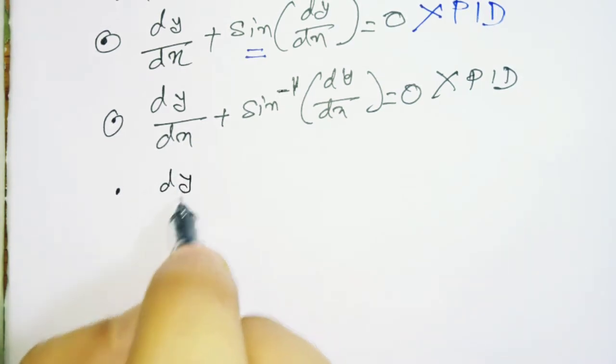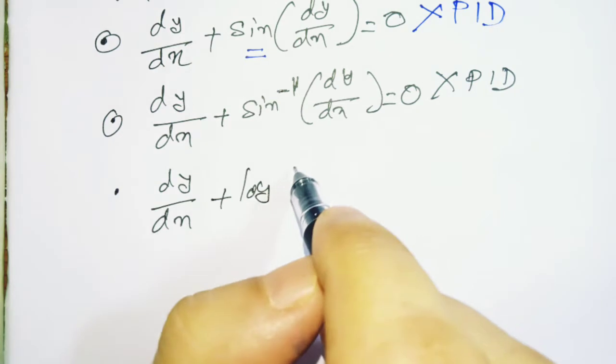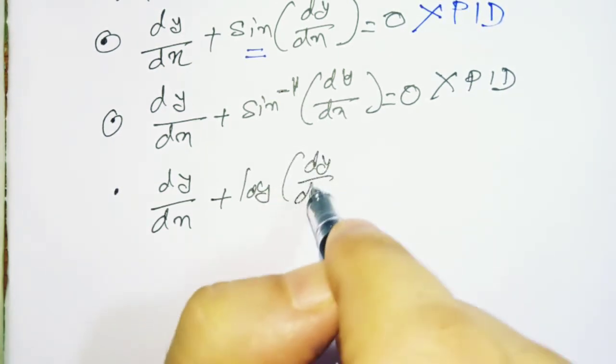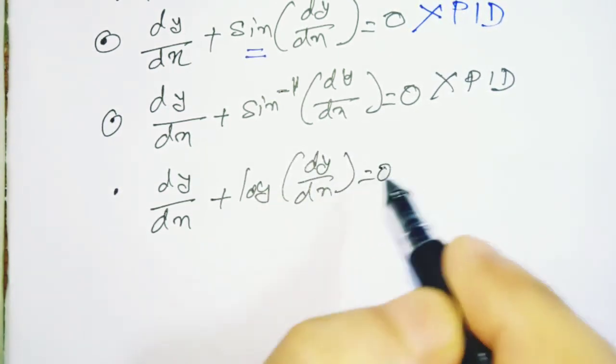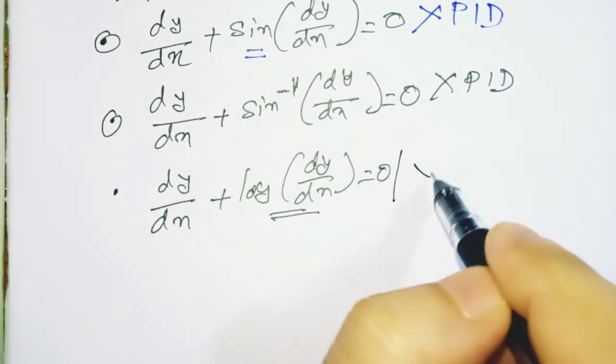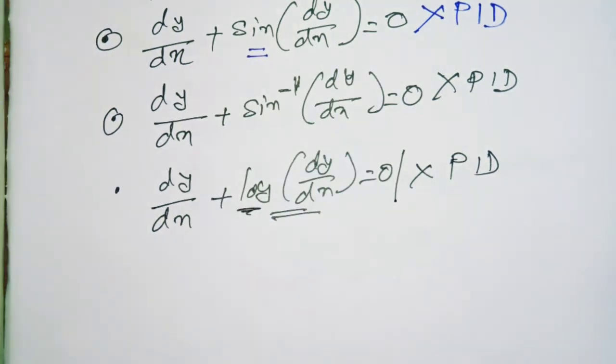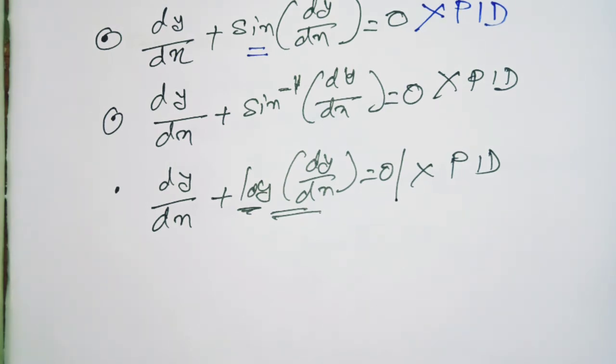Let us see this one: dy by dx plus log of dy by dx equals 0. Is this a polynomial in derivative? No, this is also not a polynomial in derivative because it has this log. So sine, tan, trigonometric functions, logarithm, these cannot be used.